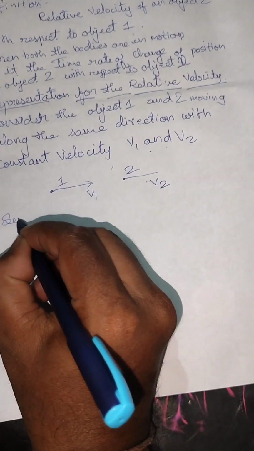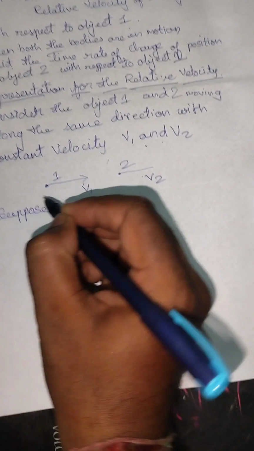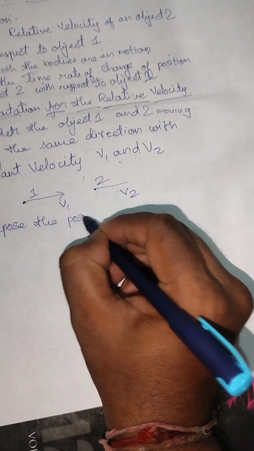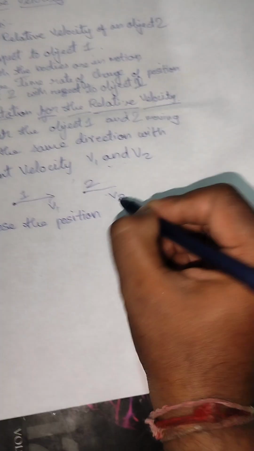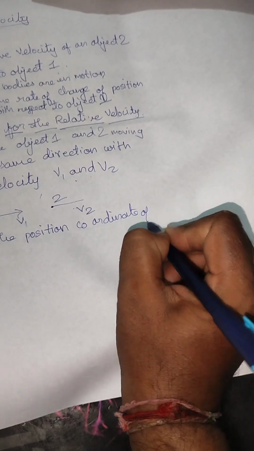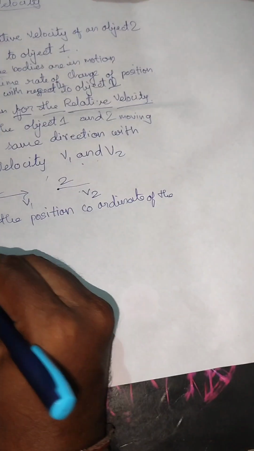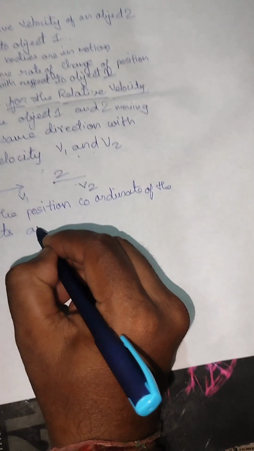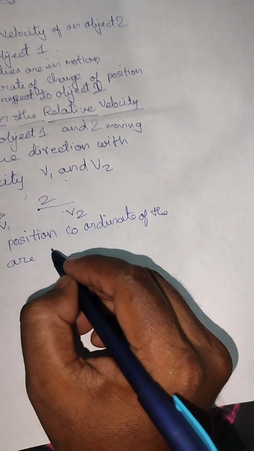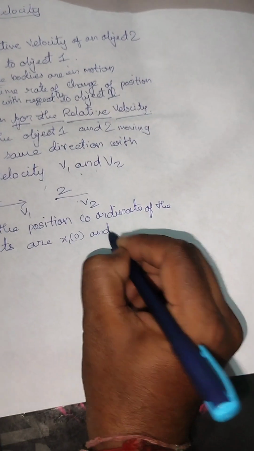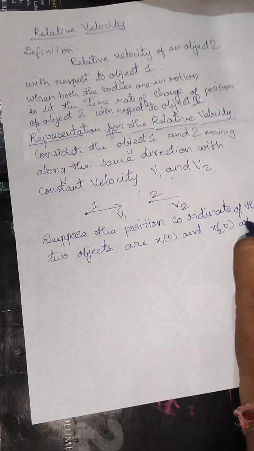Suppose the position coordinates of the two objects are x1 0 and x2 0 at time t equals 0.